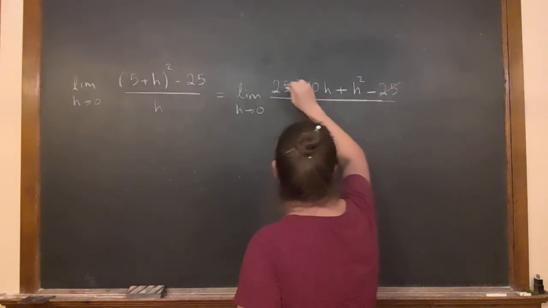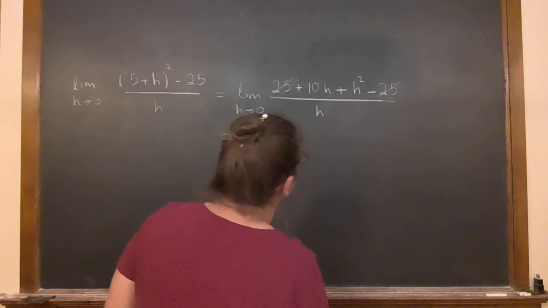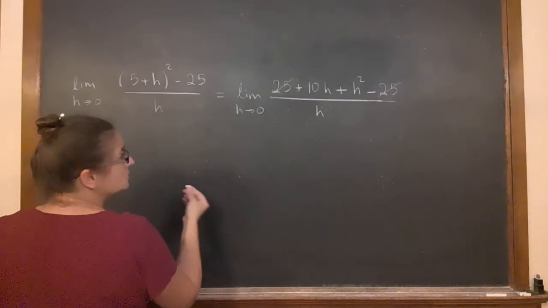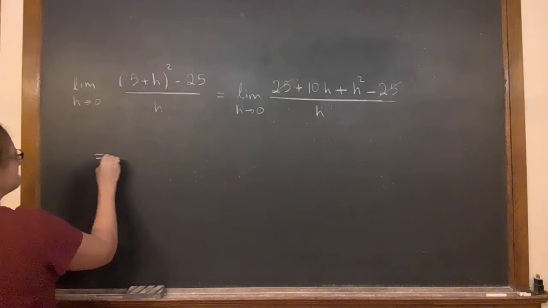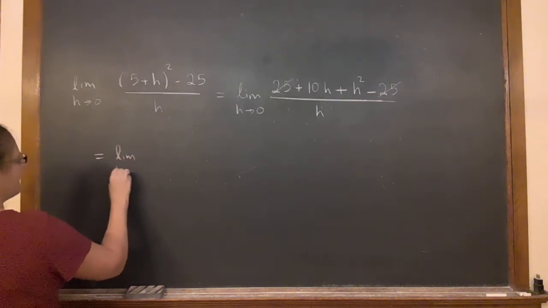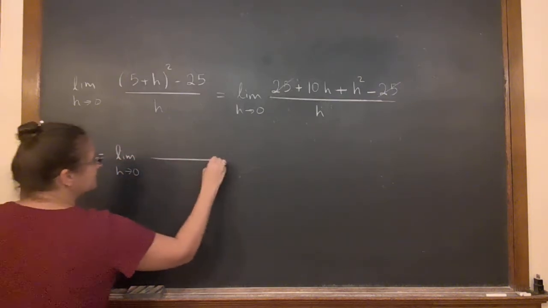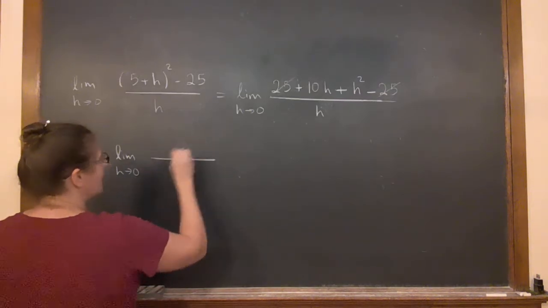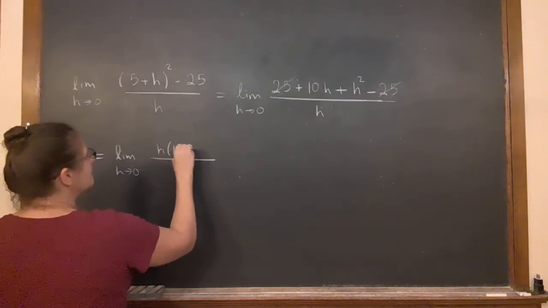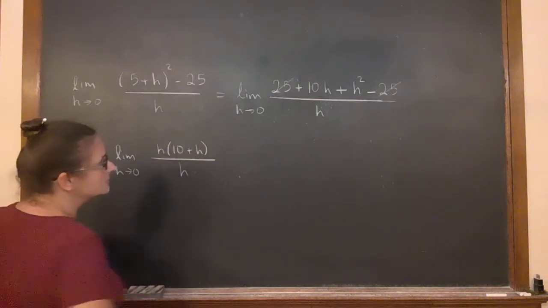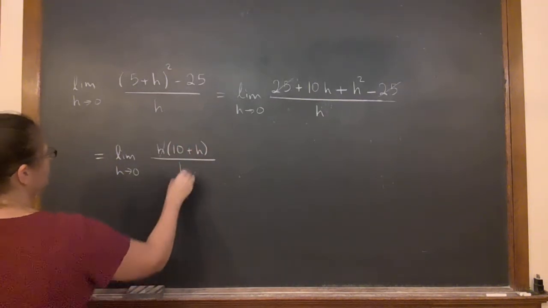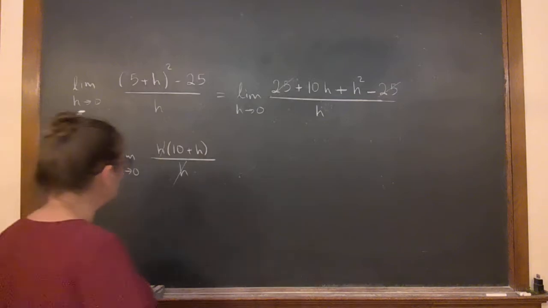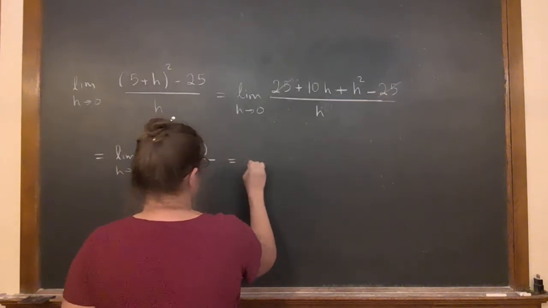Well, that's good, right? Now I can see the constant is canceled out, so I can pull an h out from the top, easy peasy. This guy goes to that, and the h's cancel out.